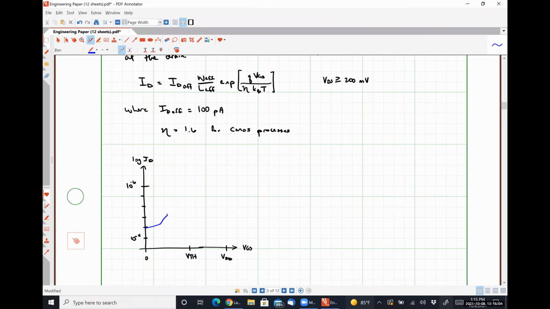So it's going to exponentially grow. I'm going to try to draw this as least crappily as I can. When we get in the range of VTH, it kind of tapers off. And then over here, we have effectively triode region operation.